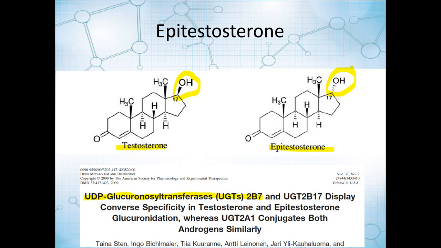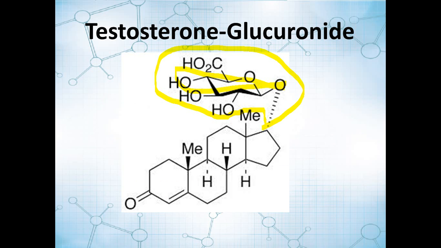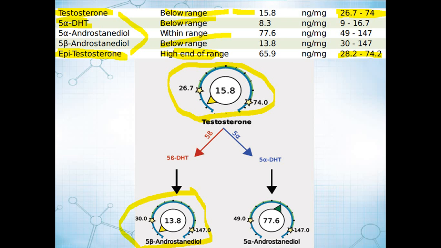And if it has a genetic defect, you cannot make this conjugate, even if you have enough testosterone. So what you end up with is all of the compounds that are conjugated by this enzyme, which is, again, testosterone, 5-alpha DHT, and 5-beta androstenediol.